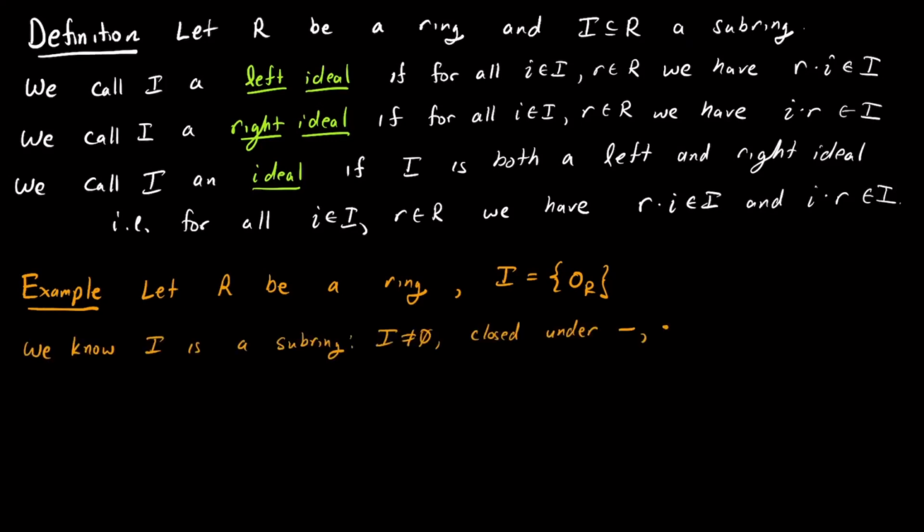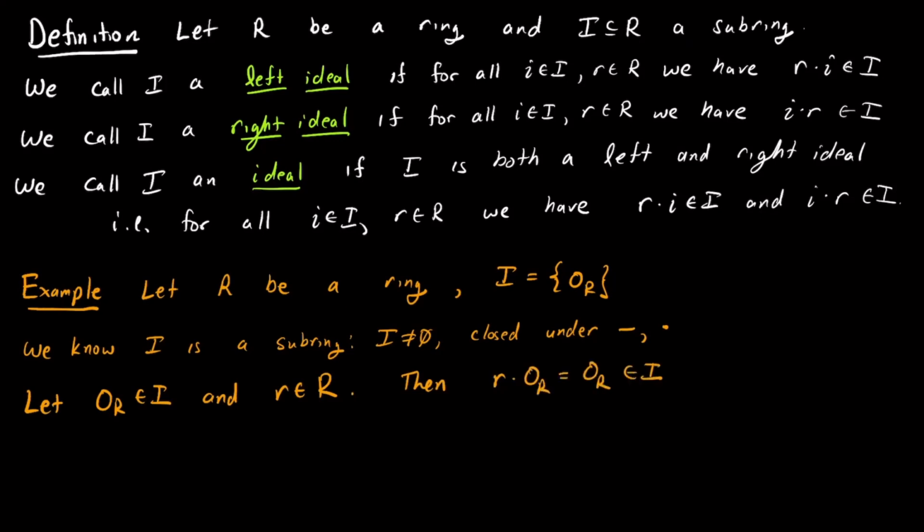Now, to check that it's an ideal, I have to take an arbitrary element of I. Well, the only element we can choose is 0, and let r be an arbitrary element of R, right? Then what do I notice? I notice that r times 0 is equal to 0.